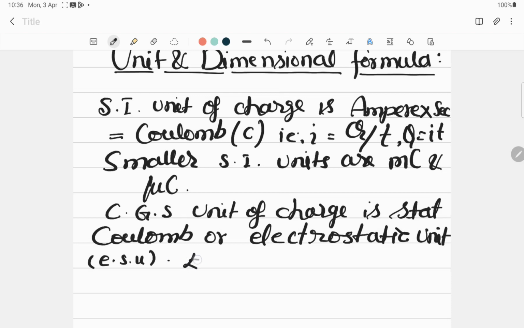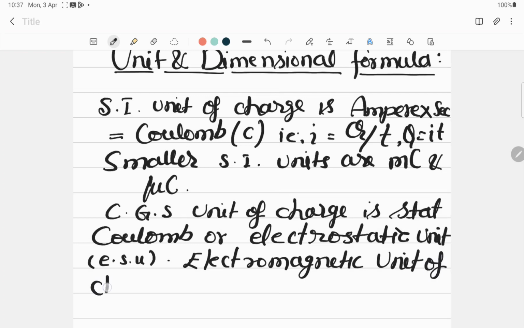Electromagnetic unit, and electromagnetic unit of charge is ab coulomb. A small v coulomb.